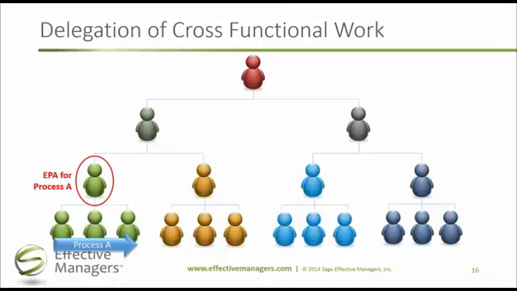So the EPA for the process A is the manager of the 3 individuals who are involved in process A. A common mistake in organizations is that one of those 3 individuals that are involved in the process itself would be named the process manager and would be seen by the organization as accountable for that process.